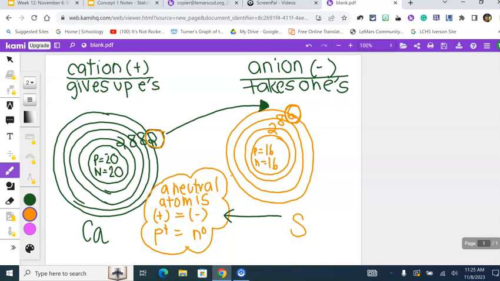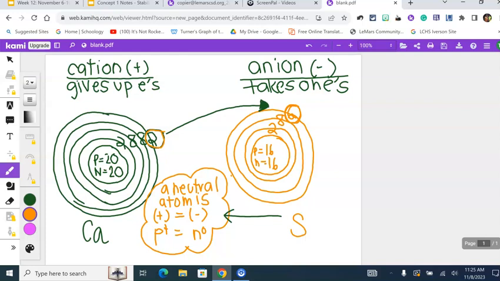So if you take a look at calcium and its Bohr model, do you see how there are 2 electrons in its outer shell, like 2 valence electrons? And then there are 6 in sulfur. It doesn't take a mathematical genius in order to figure out that 2 plus 6 equals 8.